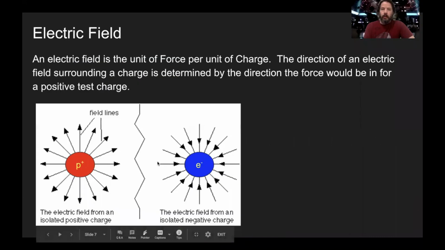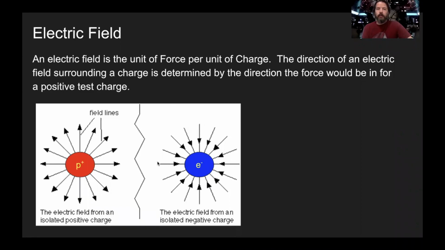So let's talk about the electric field surrounding a charge. It's kind of like potential energy: when I hold my pencil up and then drop it, it has the potential to drop. An electric field is, in a sense, the charge putting out feelers and asking, where are the other charges?